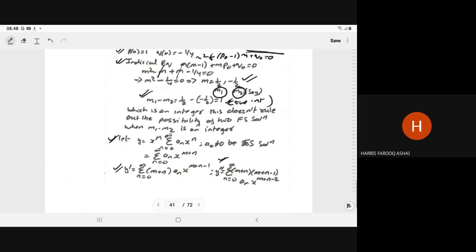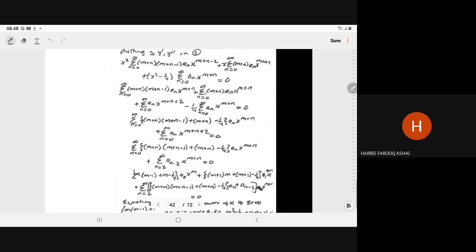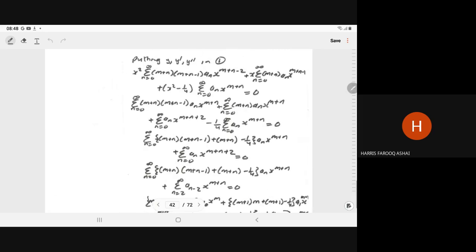Now we put the value of y dash and y double dash in the given equation, the same procedure. I am not writing it here; wherever there is a requirement, there I will write. So the given equation is x square y double dash plus x y dash plus (x square minus 1 by 4) into y is equal to 0.